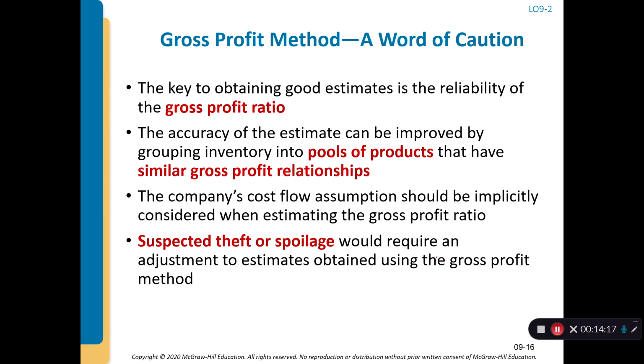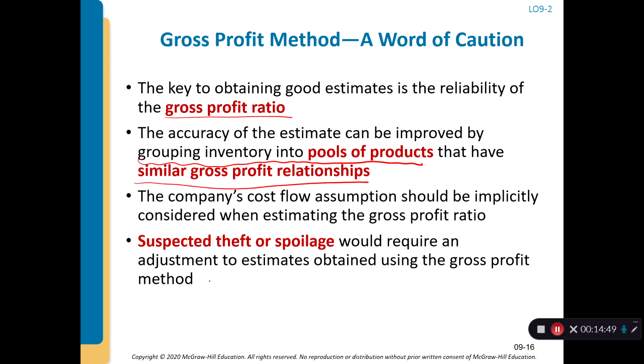But in order to use this, I just want to give a word of caution. First of all, this method's accuracy totally depends on the gross profit ratio's accuracy, right? And we know that we need to try our best to obtain the best estimate of this gross profit ratio. Also, the accuracy of the estimate can be improved by grouping some inventory together as a pool of products that have a similar structure and profit relationship.